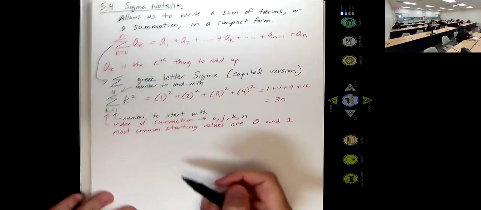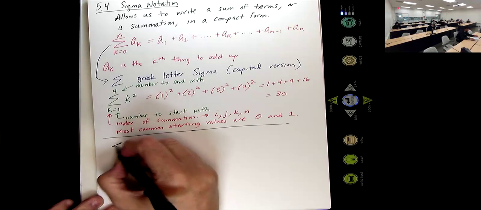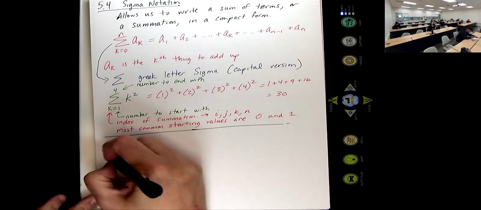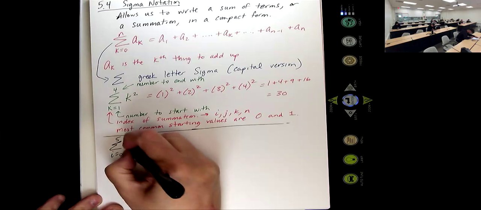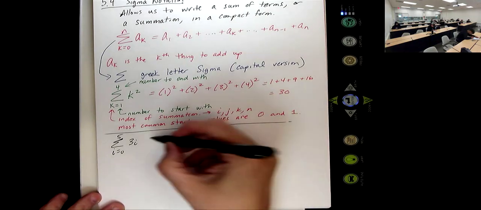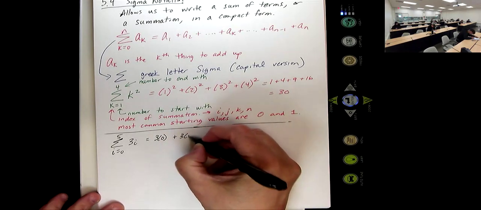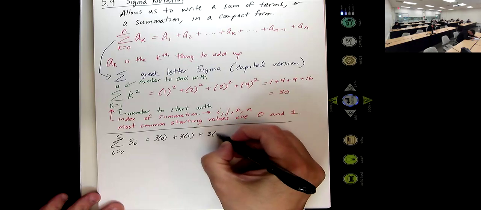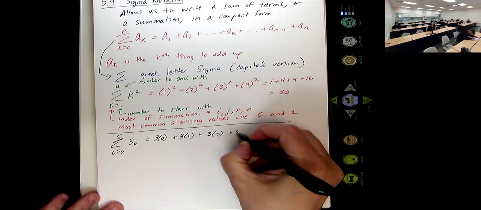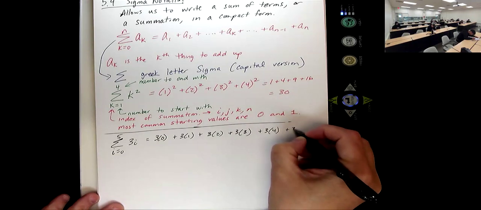Let's take a look at another example. Let's go with i equals 0 to 5 of 3i. So this would be 3 times 0 plus 3 times 1 plus 3 times 2 plus 3 times 3 plus 3 times 4 plus 3 times 5.